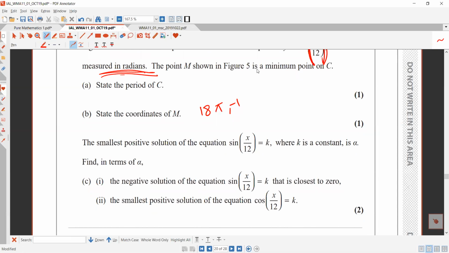So the smallest positive solution of the equation, where k is a constant value, is alpha. Find in terms of alpha the negative solution of the equation. I'm not getting this. Give me 5 minutes. Let me see this and try to answer it. I'll get this for you.